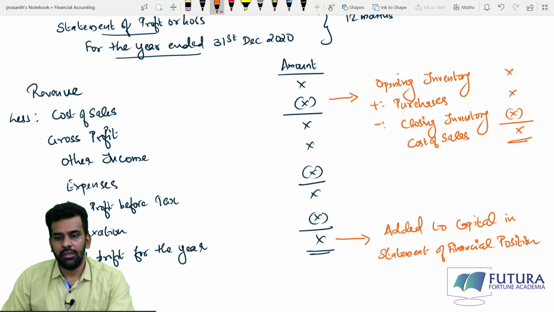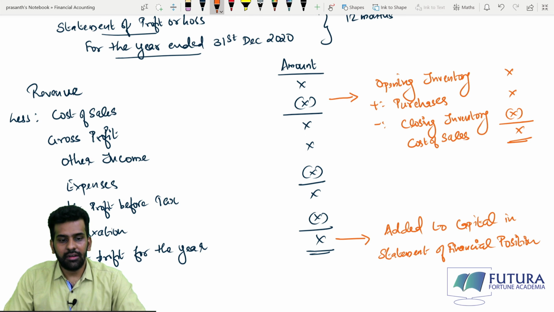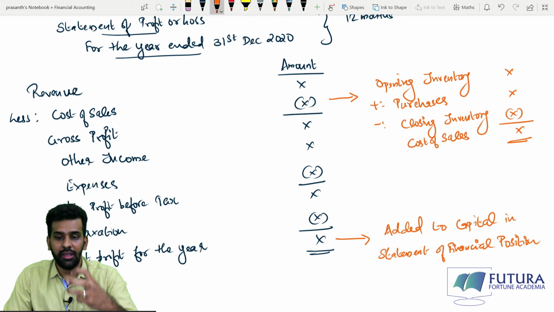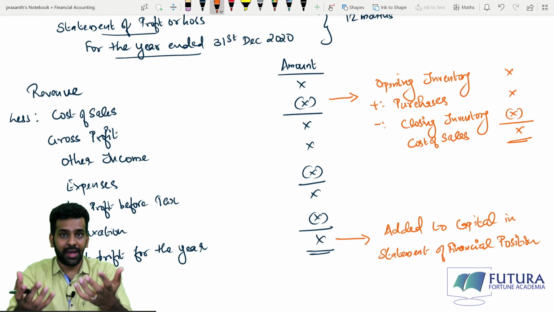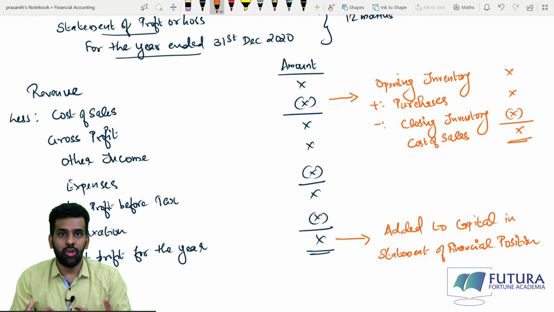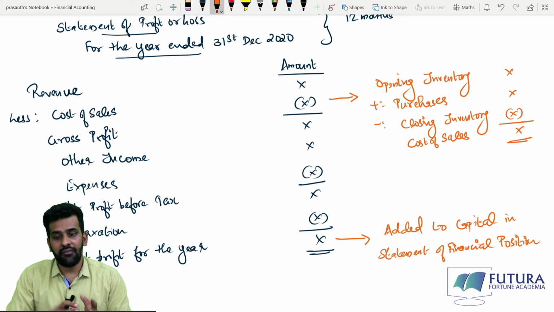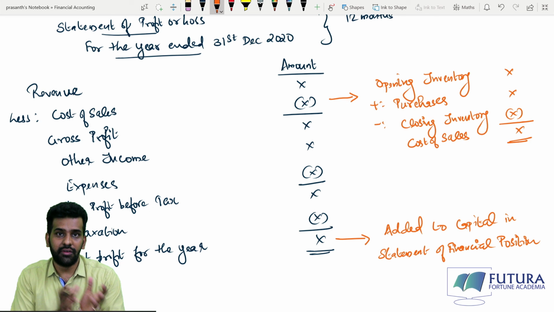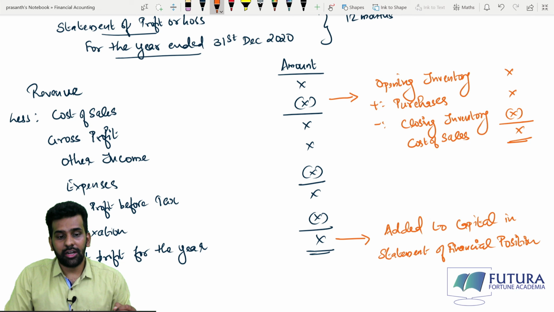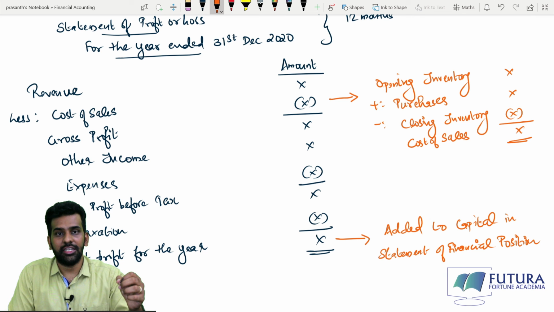So the entire cost of sales is relating to the amount of purchases that you have made, which is nothing but buying your goods, and the opening inventory or the products that you have, and reducing the closing inventory that you have not sold. So the entire cost of sales is relating to the sales that you have made. That's why it is called cost of sales.